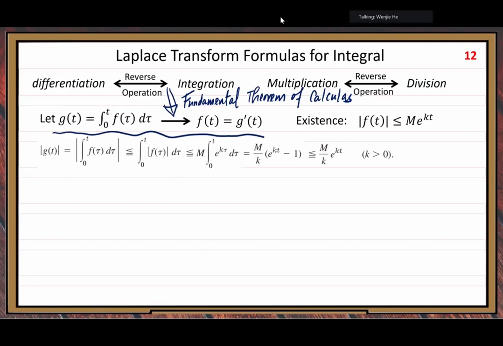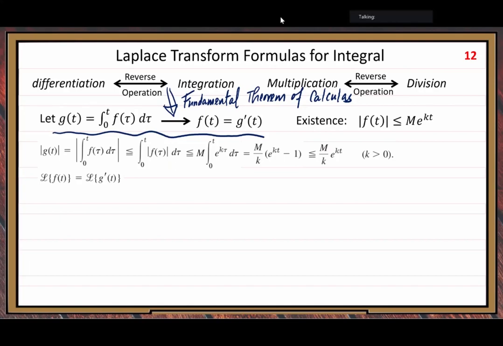Now, let's calculate the Laplace transform. First, we calculate the Laplace transform of f. That is the Laplace transform of g prime, and we have the derivative formula, right? Here you can see we want to use the derivative formula to help us derive the Laplace transform of the integral formula.